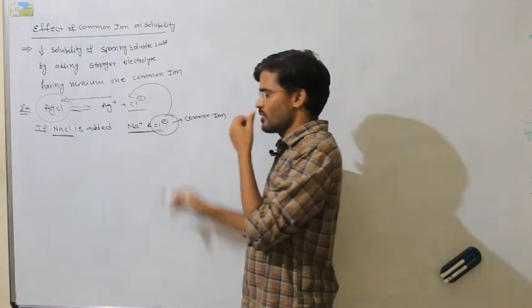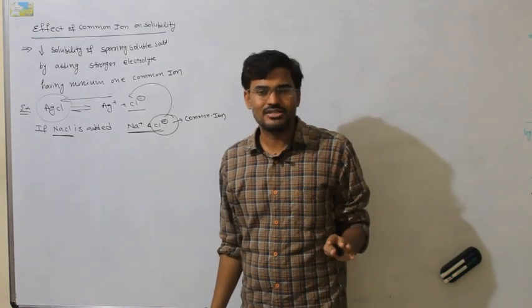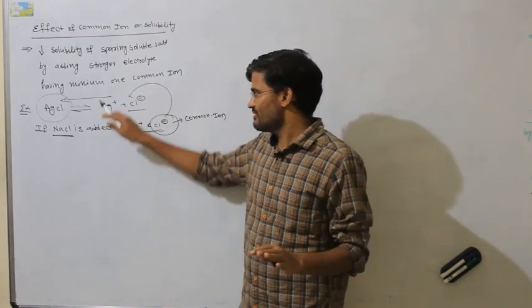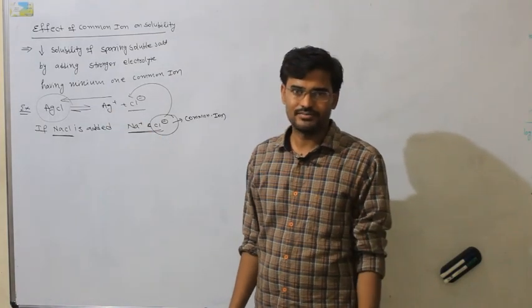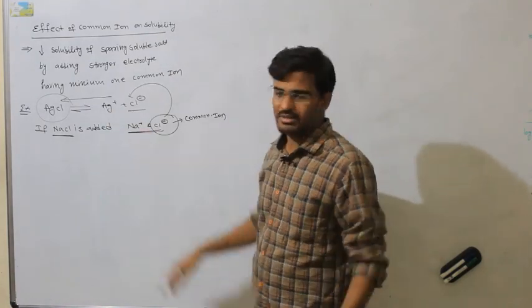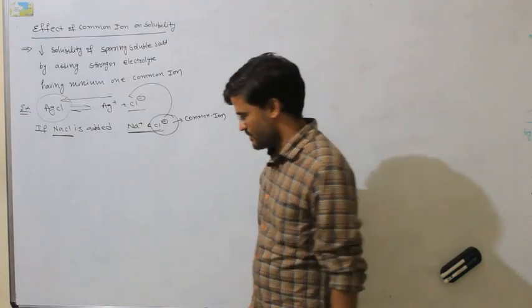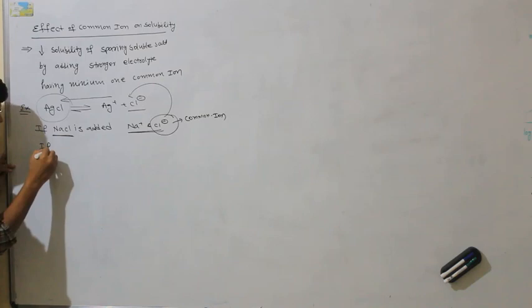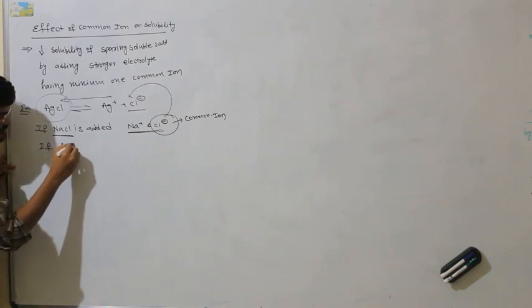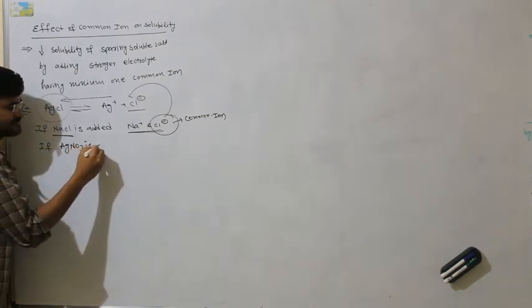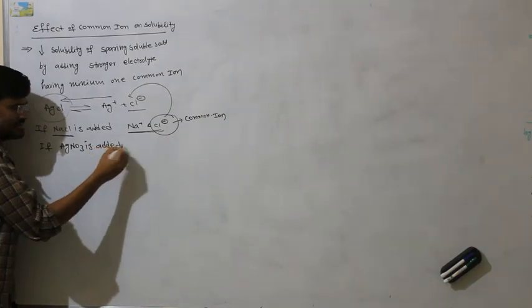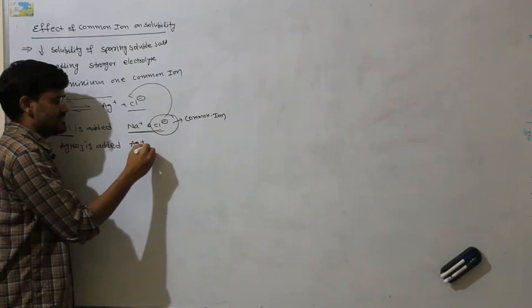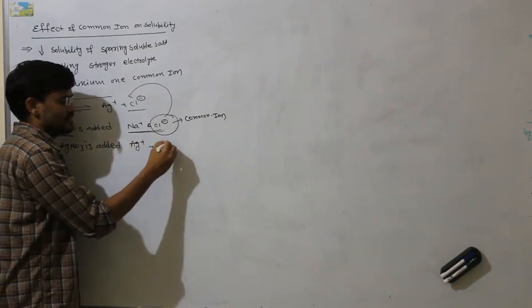Not only sodium chloride, you can add any common ion which is a stronger electrolyte, because common ion effect is only for the weaker electrolyte, not for the stronger electrolyte. Same way, if AgNO3 is added, in this case also it will have a common ion, releasing Ag plus and NO3 minus.